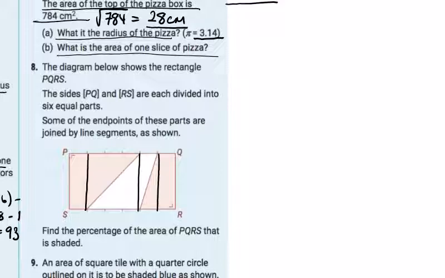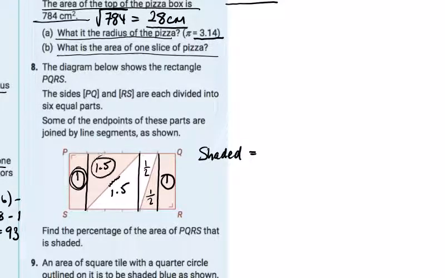So if we say that each area of this size is 1, we should be able to create a ratio here. So this is a half, this is a half. And how many? Well, you can see that in the 2 big triangles here along here, there are 3, and they're about the same size, so they're about 1.5 each. So the shaded is equal to 1 plus 1.5, 2.5, and 1.5 is 4.